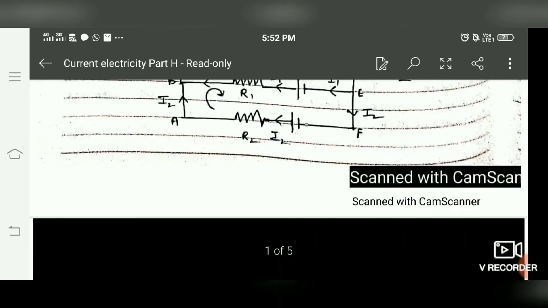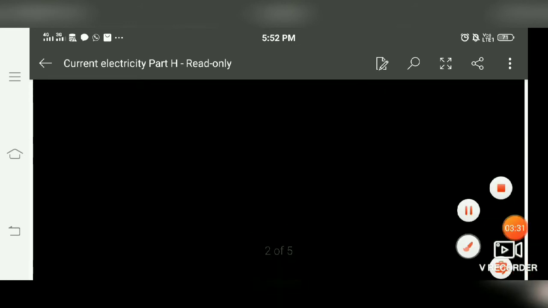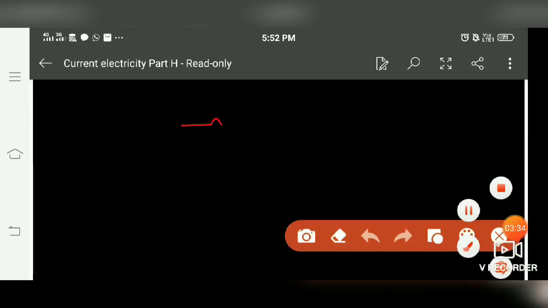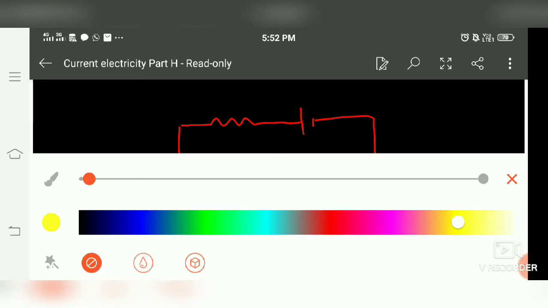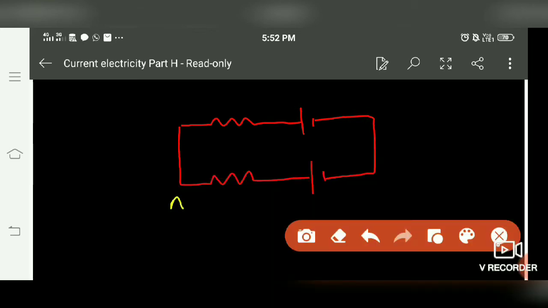What does that mean actually? It means, suppose we have a loop here. This is the first cell, this is the second cell. The loop is A, B, E, F, A. Now this cell is exerting current in this direction, that is I1.